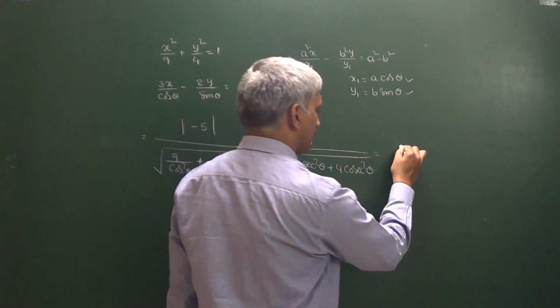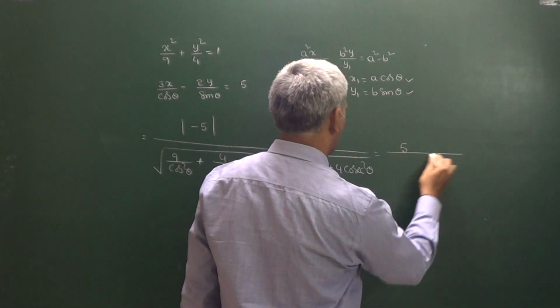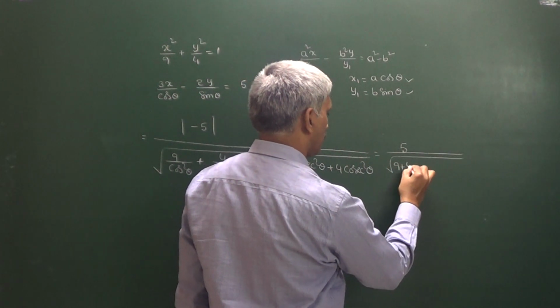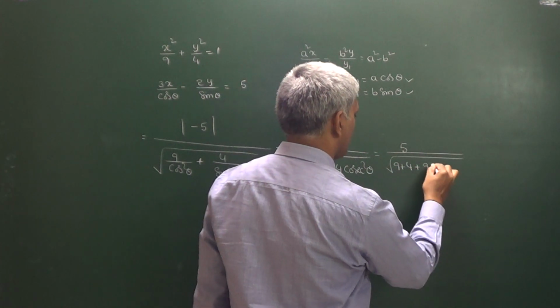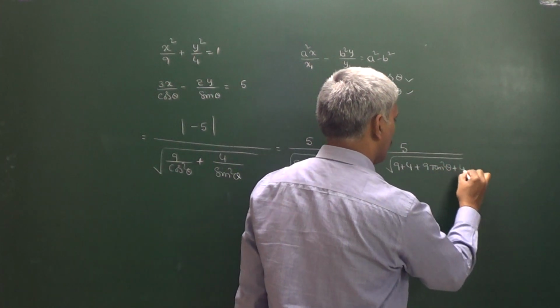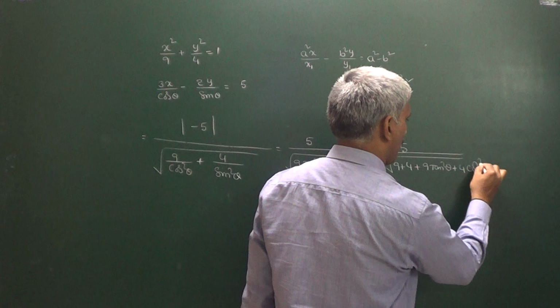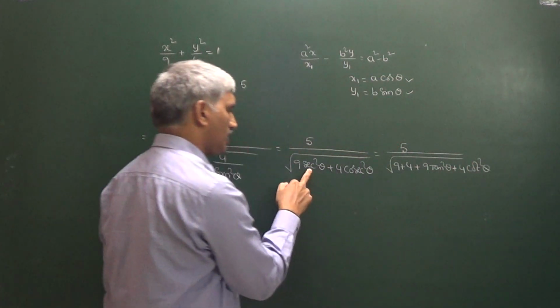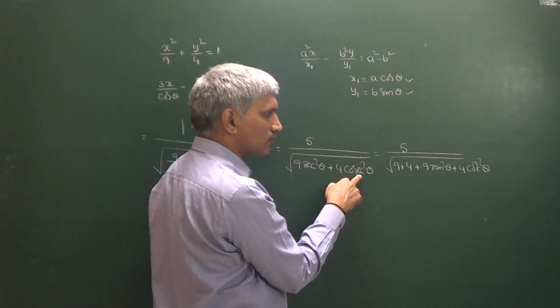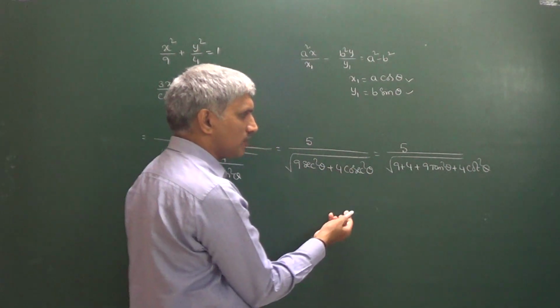Again that can be written further as 5 divided by square root of 9 plus 4 plus 9 tan square theta plus 4 cot square theta. Secant square theta can be written as 1 plus tan square theta, and cosecant square theta can be written as 1 plus cot square theta.